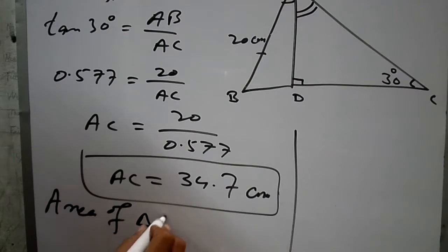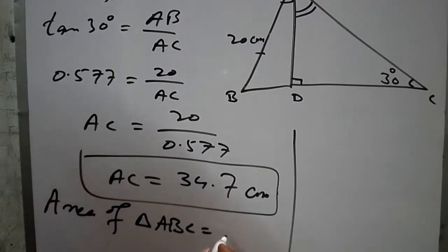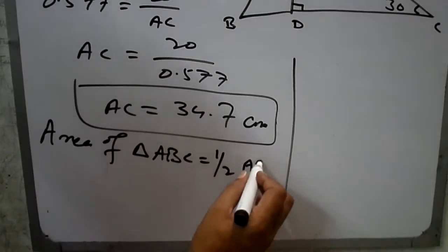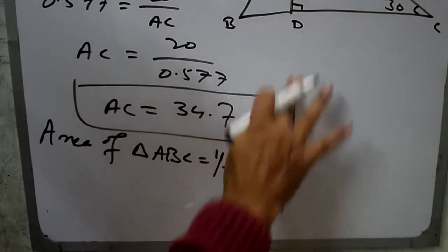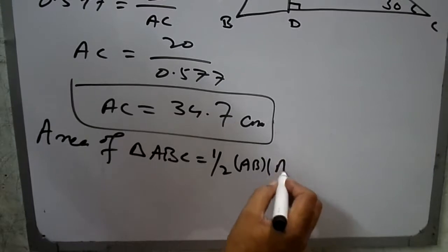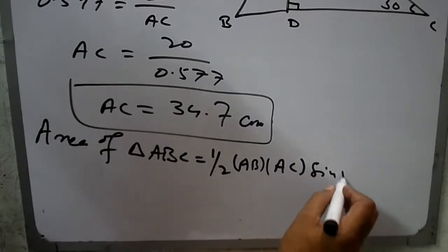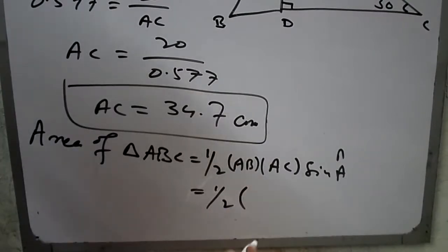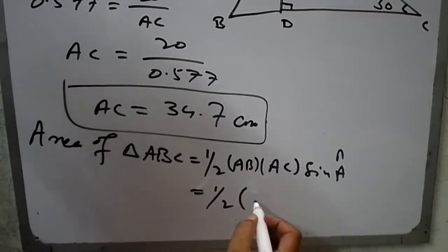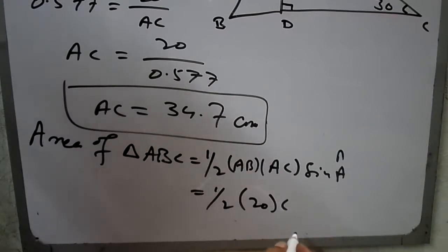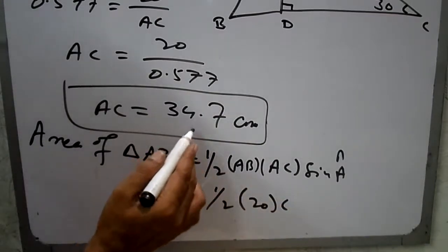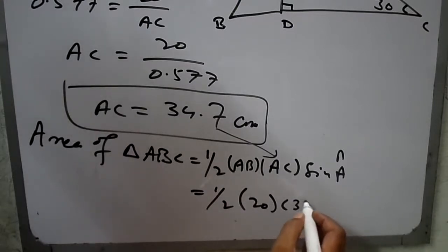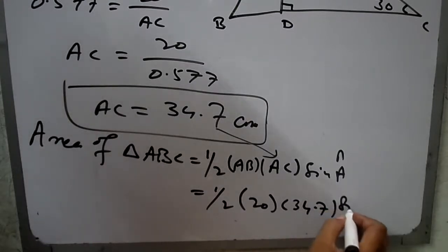Area of triangle ABC is equal to half base into altitude and sine angle A. So putting the values, the value of AB is 20, but we don't have the value of AC, just we have calculated, so we use here 34.7.